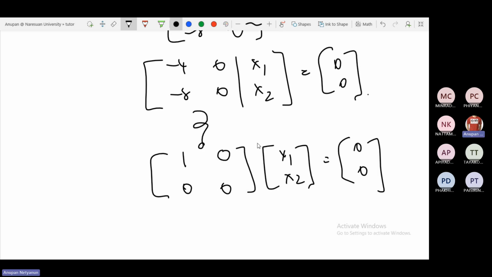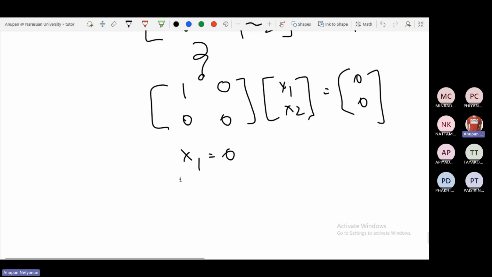Okay, multiply them out on the left side. x1 times 1 is x1, and this one is 0. You get x1 equal to 0. And you can see again that the leading coefficient is for x1, but there is no leading coefficient for x2. So x2 is free, right?